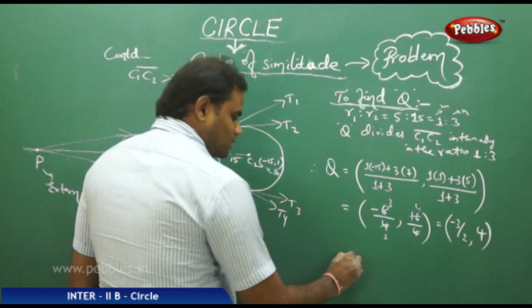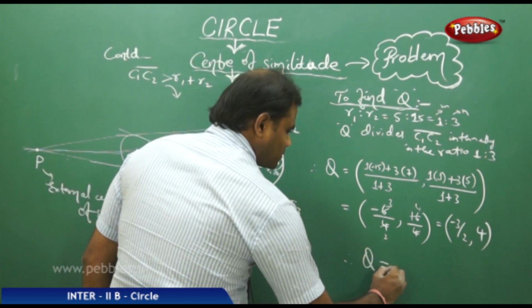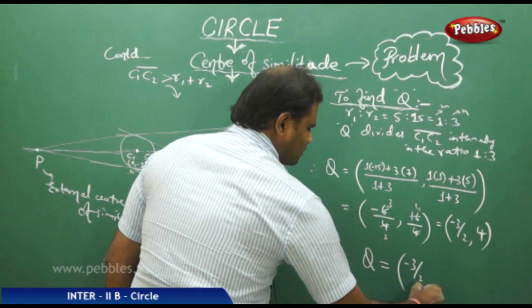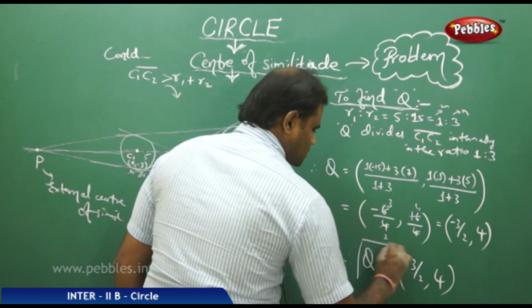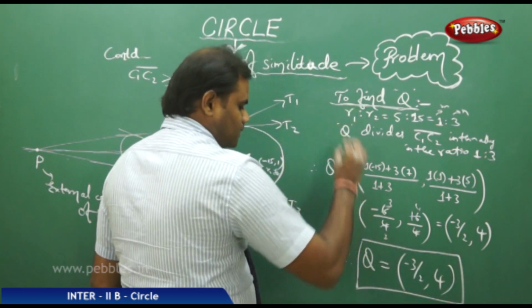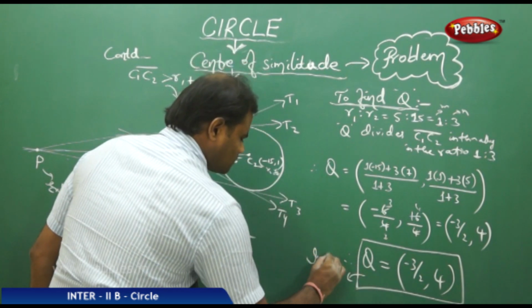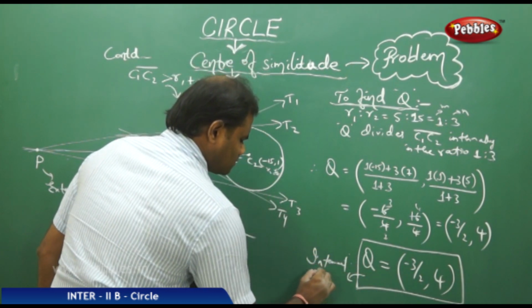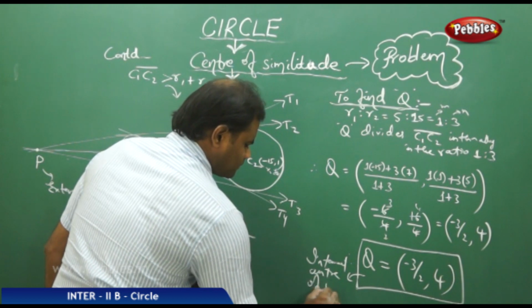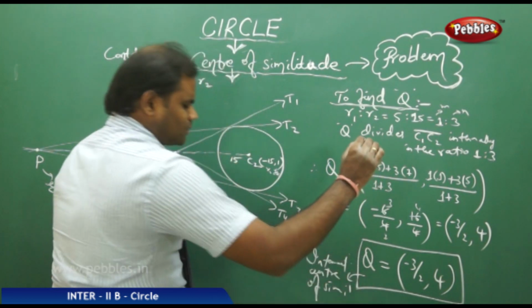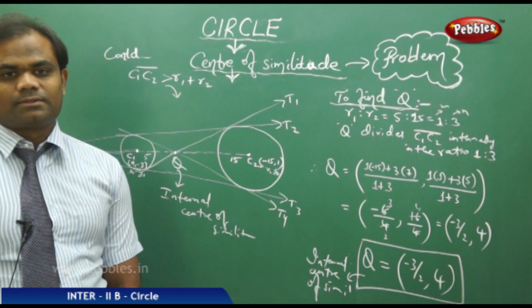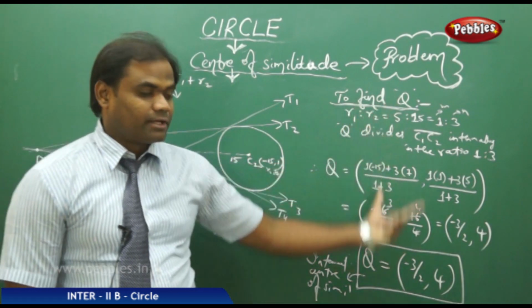Therefore, the internal center of similitude Q is given by minus 3 by 2 and 4. The internal center of similitude is how we obtain with this.